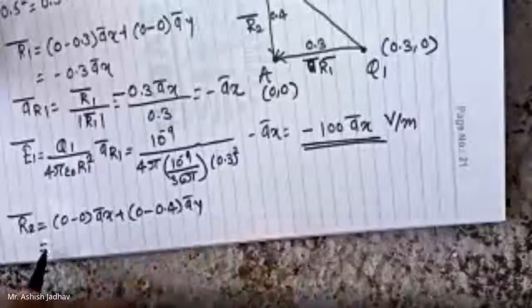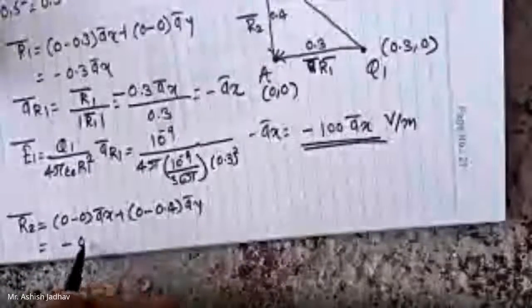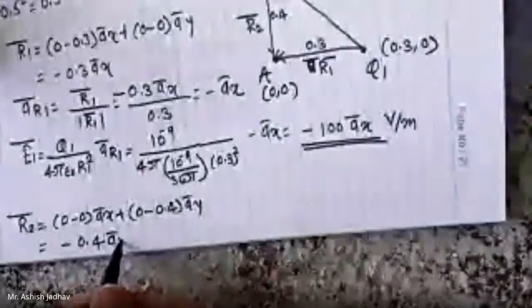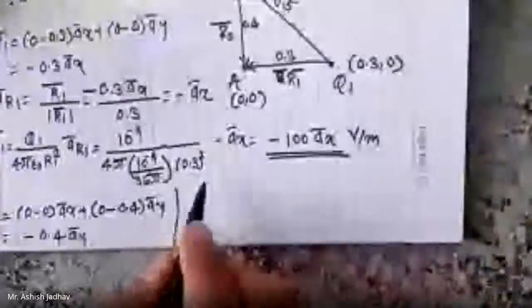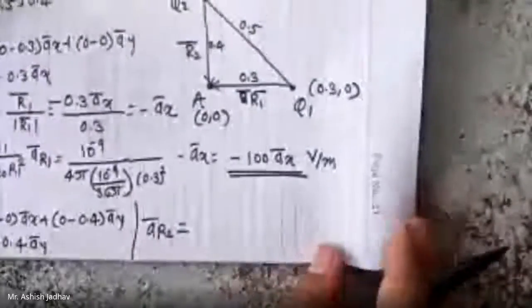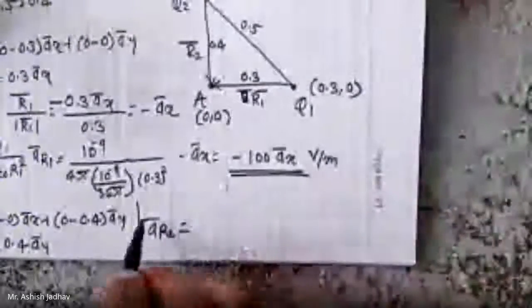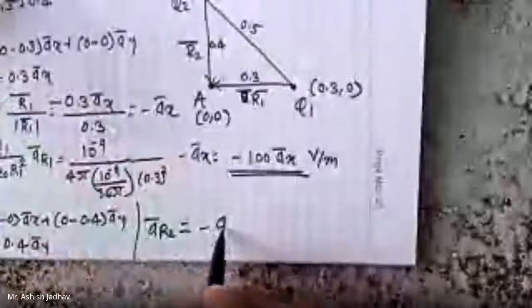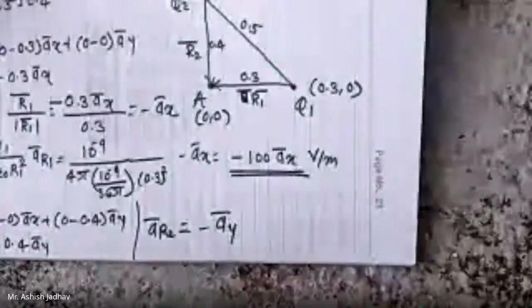So what R2 are you getting? Minus 0.4 a bar y. From this you can find a bar R2. Similarly you can calculate that a bar R2 is equal to minus a bar y.